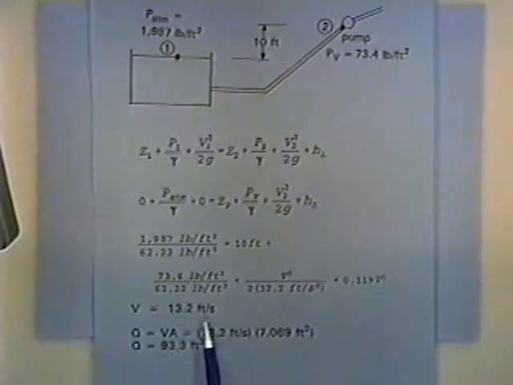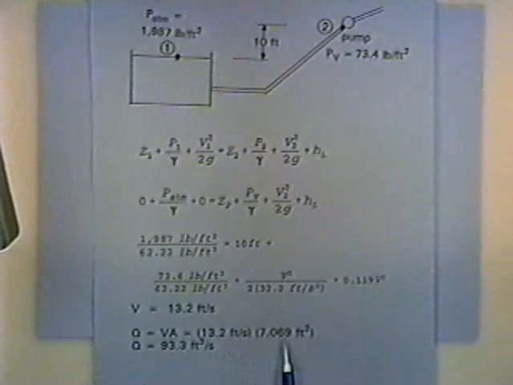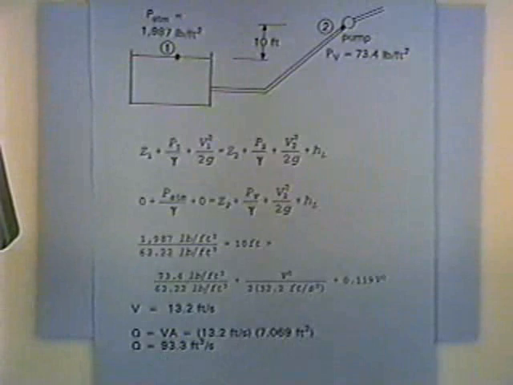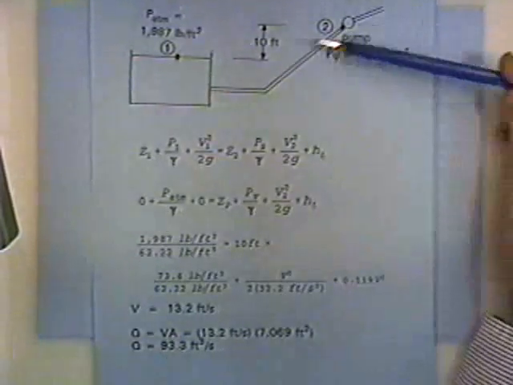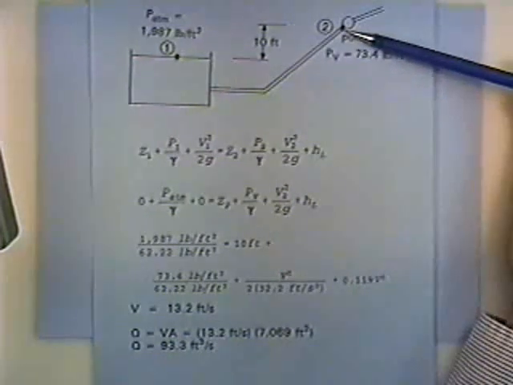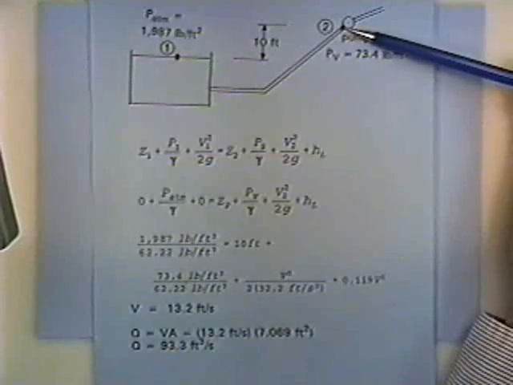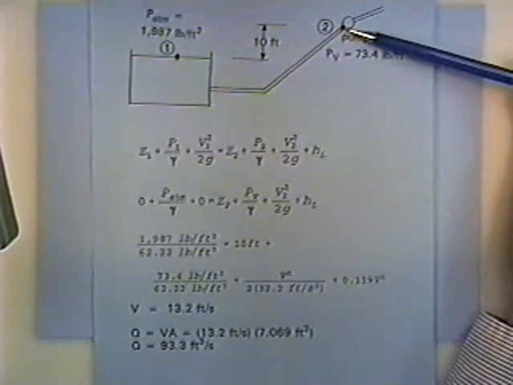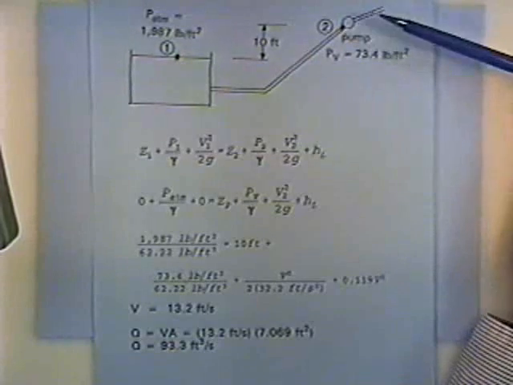And so the velocity is 13.2 feet per second, and we can multiply by the cross-sectional area for the pipe to get the flow rate of 93.3 cubic feet per second. And so for that 10 feet, we can pump 93.3 cubic feet per second, and when we get around that vicinity, that's when we start getting into problems with cavitation.